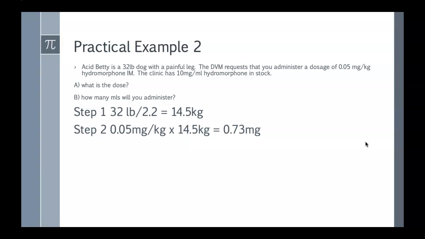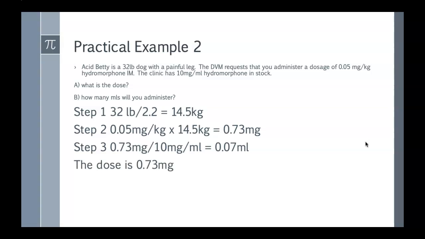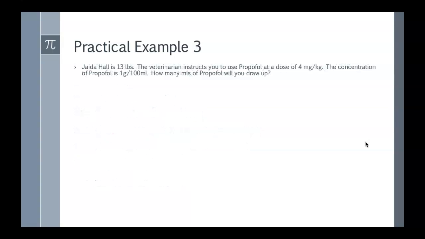So we're going to take 0.73 milligrams and divide it by 10 mg per mil, which gives us 0.073 mils, which we're going to round to 0.07 mils. So the dose is 0.73 milligrams, and we administer 0.07 mils.